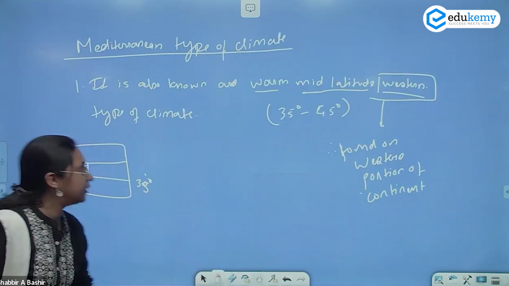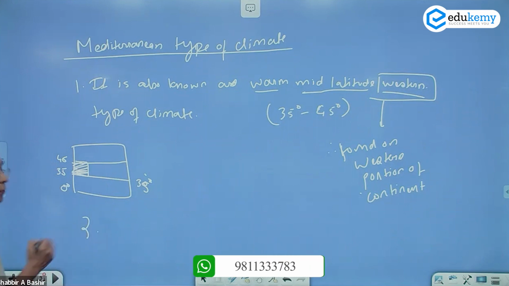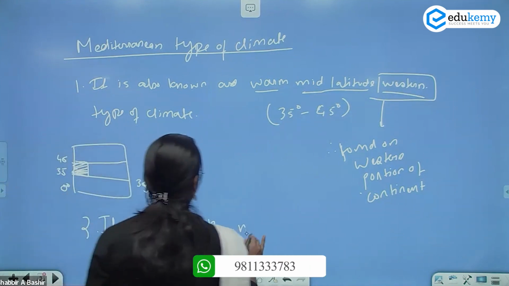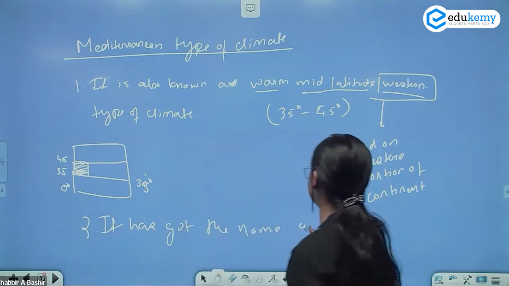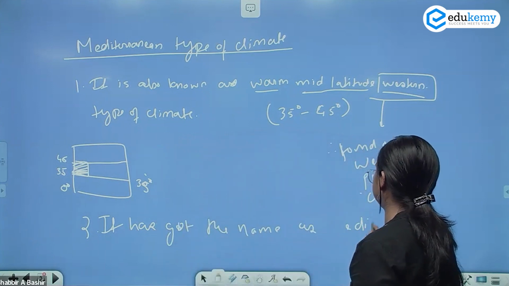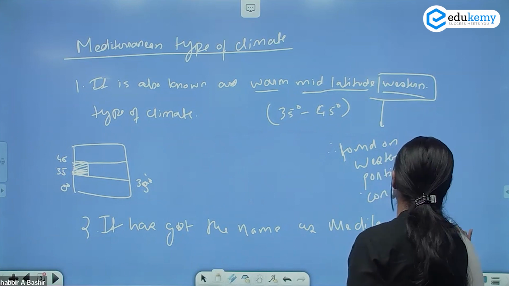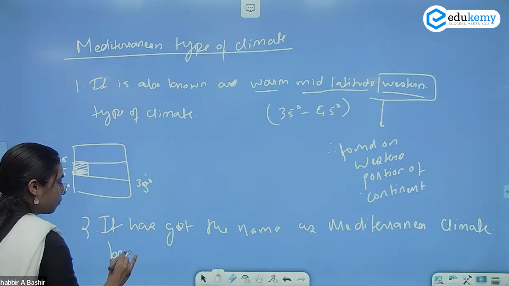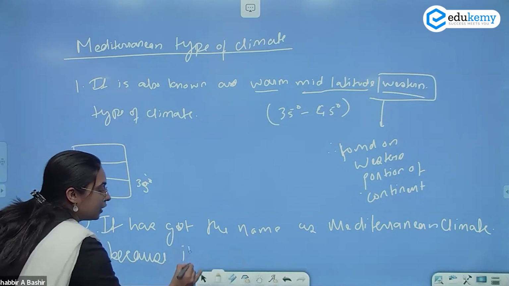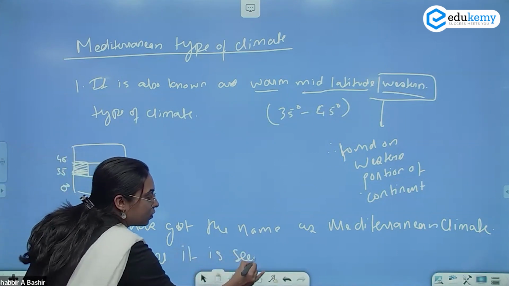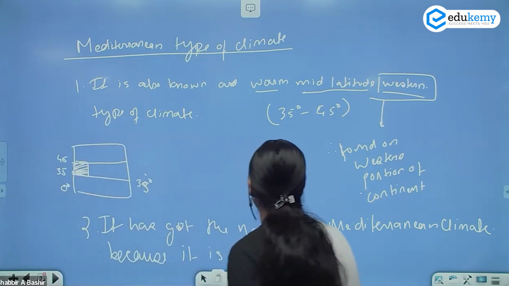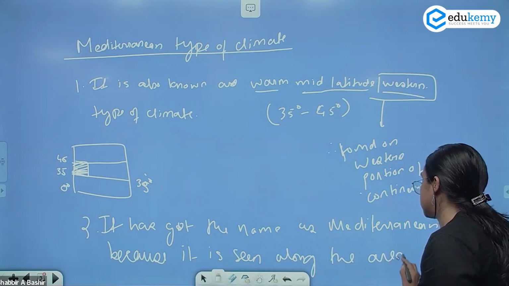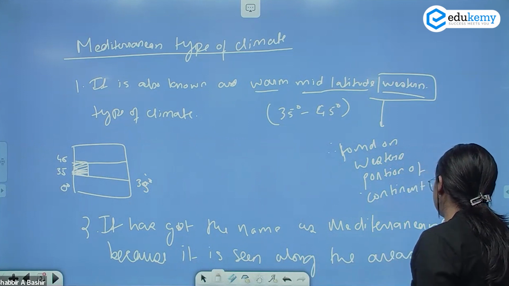Now, why does it get the name of Mediterranean climate? It has got the name Mediterranean climate because it is seen along the areas surrounding the Mediterranean Sea.